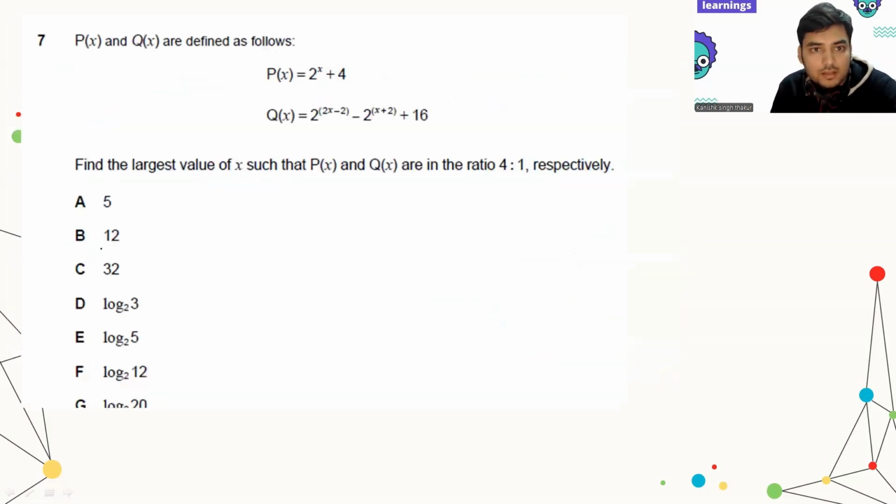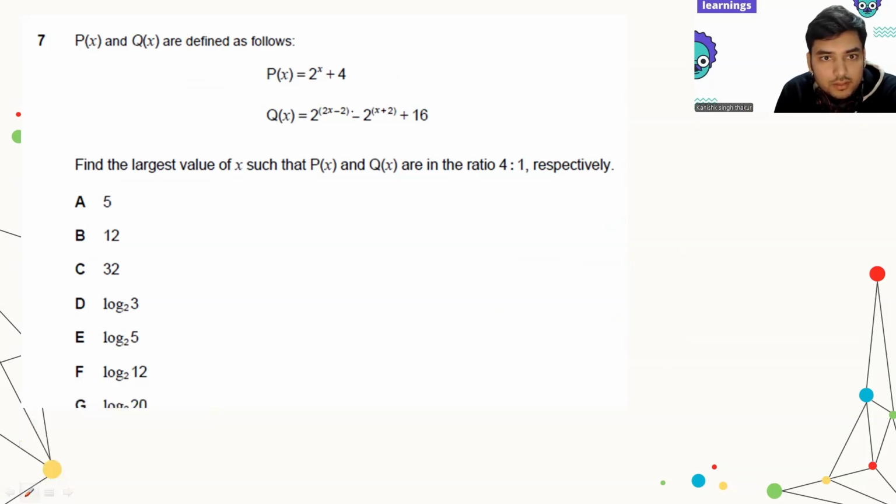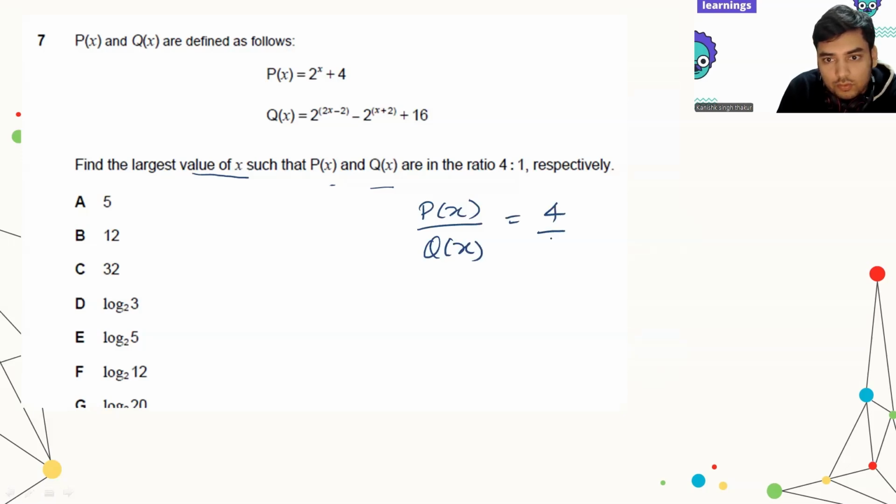Fine. Now you have P(x) and Q(x) defined like this. Find the largest value of x such that P(x) and Q(x) are in the ratio 4 is to 1. So what it is saying is P(x) over Q(x) is 4 over 1.